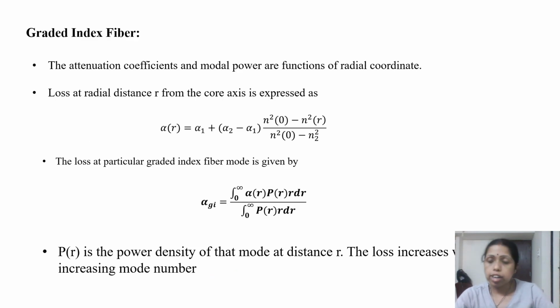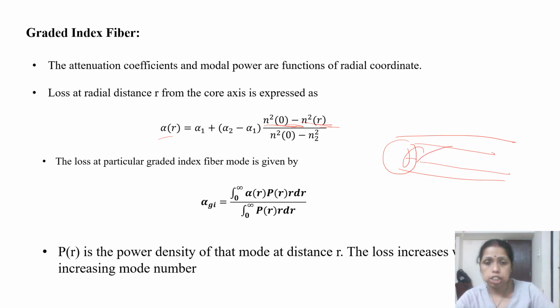In the case of the gradient index, we know that the refractive index is varying continuously. It's not constant. It is decreasing as you go from the core to the cladding. There is one refractive index at the core and cladding interface, but radially the refractive index is changed.